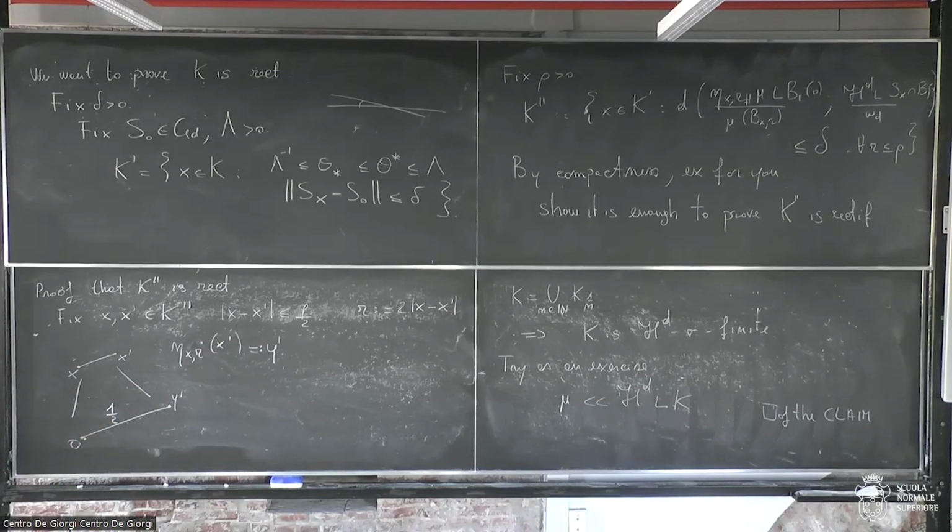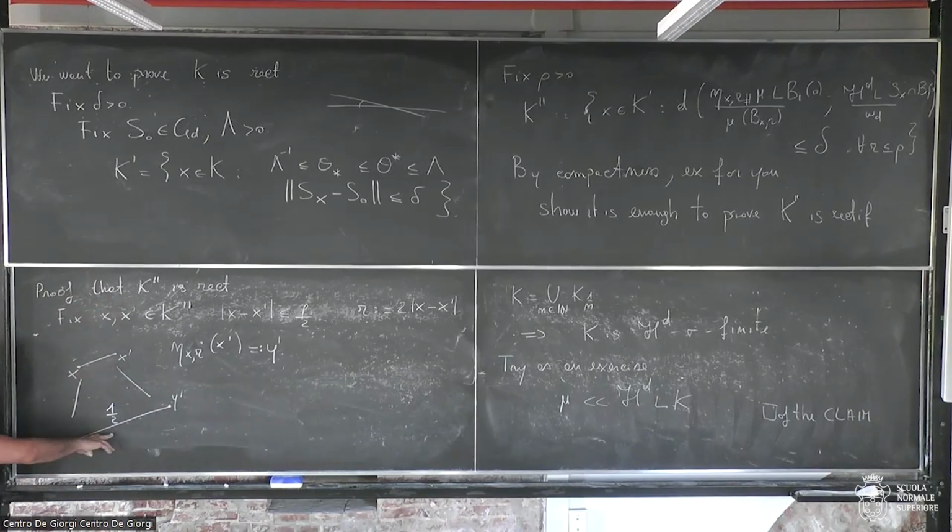Since this is now a fixed constant equal to 1/2, I want to show that this y prime is delta close to S_x. Because if I show that it's delta close to S_x, and S_x is delta close to S_0, I will show that basically all couples of points are delta parallel to S_0, and then it's an easy exercise to show that this is contained in the graph. Okay, this is the moral idea.